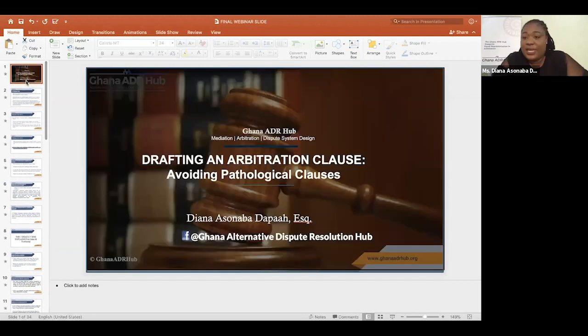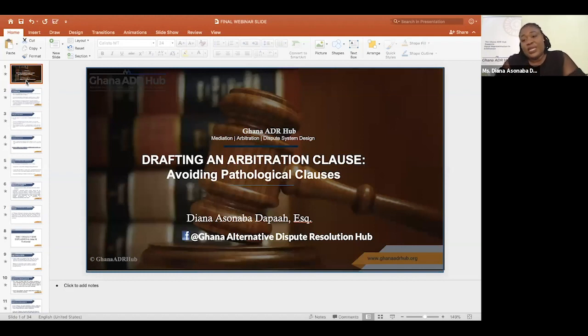I wish to take it off from where Nania ended, that the whole arbitration proceedings start from the arbitration clause. Now, for the benefit of our attendees who may not be too familiar with arbitration practice and ADR in general, by way of introduction, arbitration is one of the processes of what we call alternative dispute resolution, where parties to an agreement decide that in the event of a dispute, they will not resort to court.